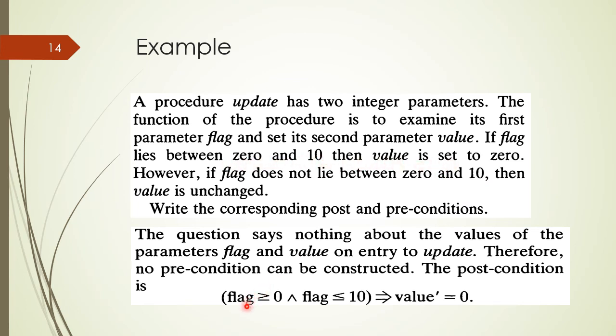Therefore, flag is greater than or equal to 0 and flag is less than or equal to 10, which describes the range of flag between 0 to 10. Then the value would be 0, and prime indicates the post condition value for the parameter value.